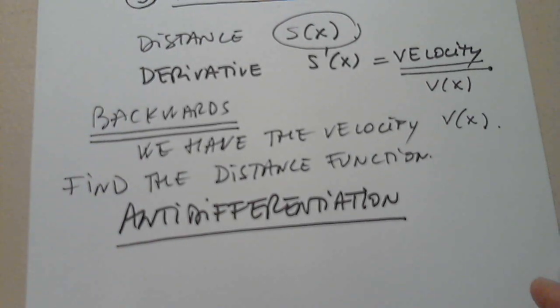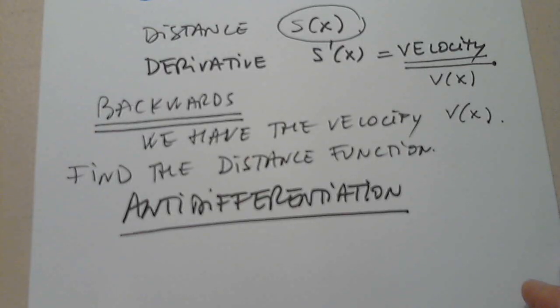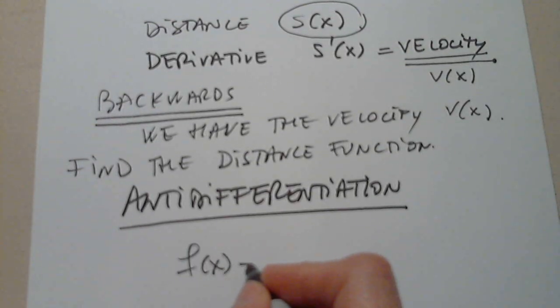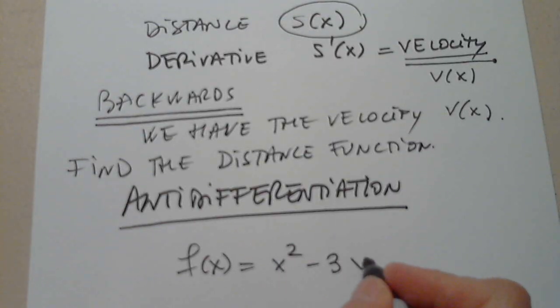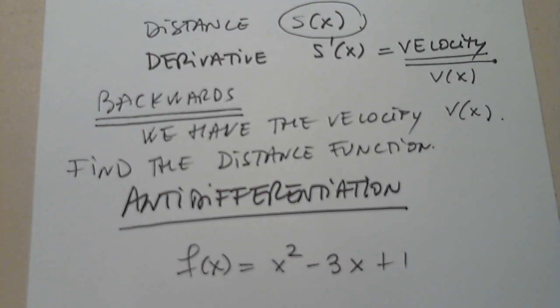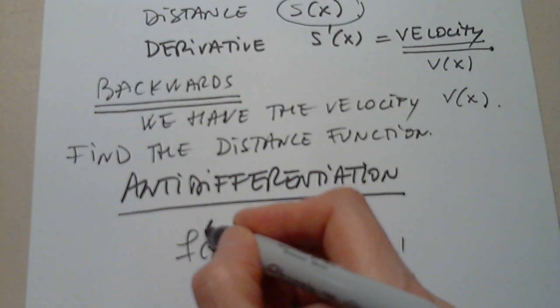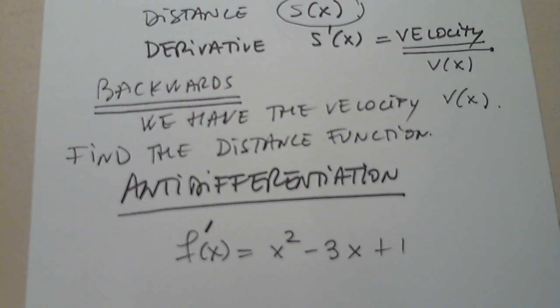Okay, now, let's suppose I have this function, a very simple function, x squared minus 3x plus 1. It's a quadratic function. I'm going to say this is a derivative. Derivatives are functions as well.